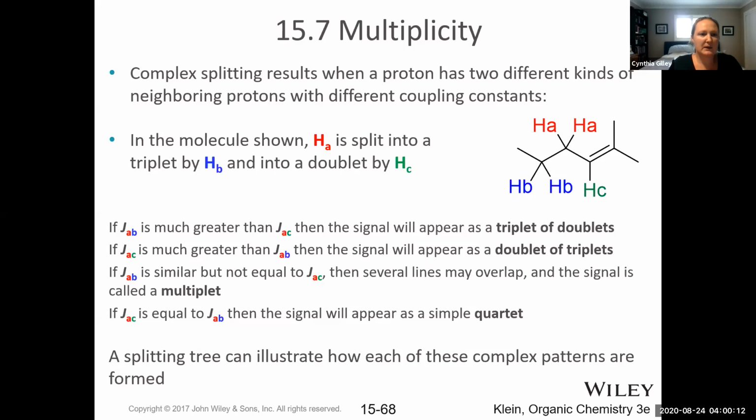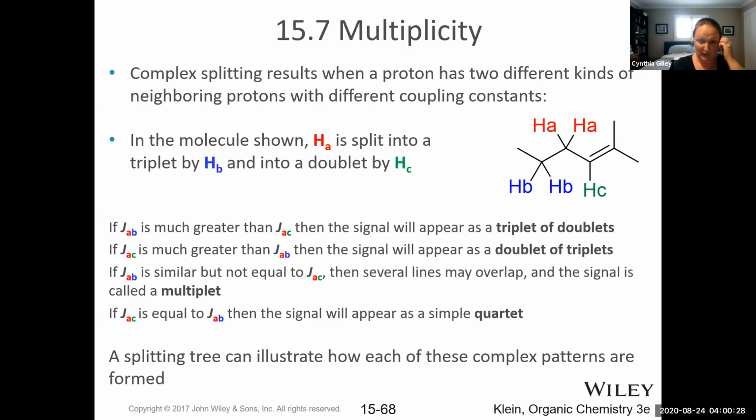Okay, let's talk a little bit about complex splitting. It results when a proton or set of protons, which in this case we're talking about HA, has 2 different kinds of neighboring protons with different coupling constants.